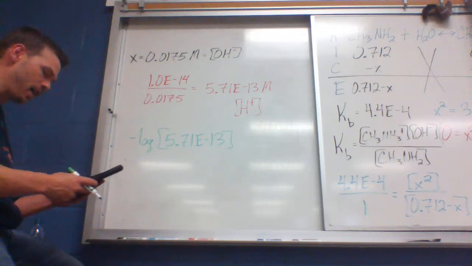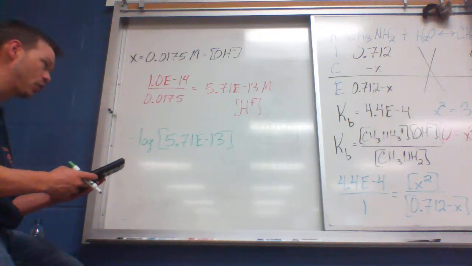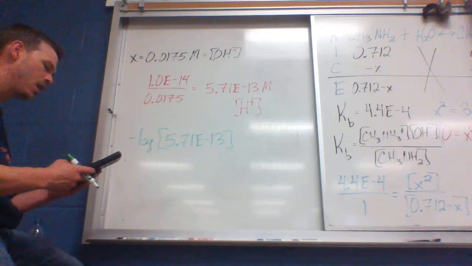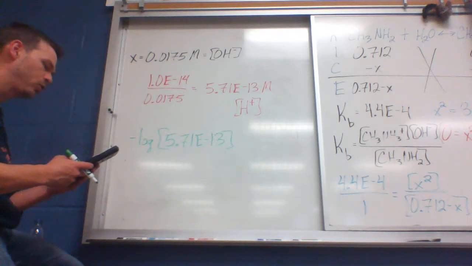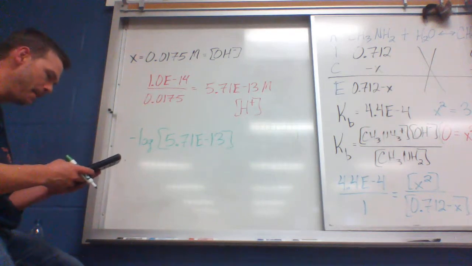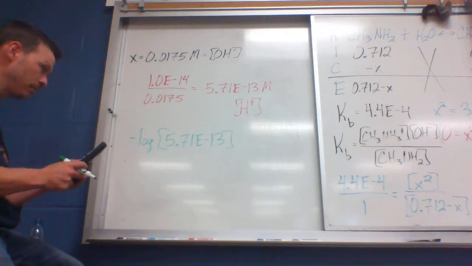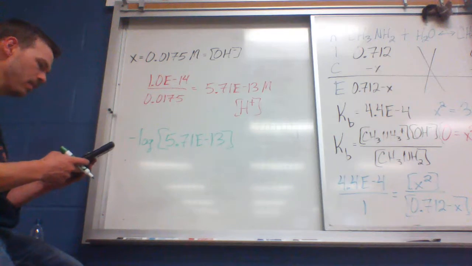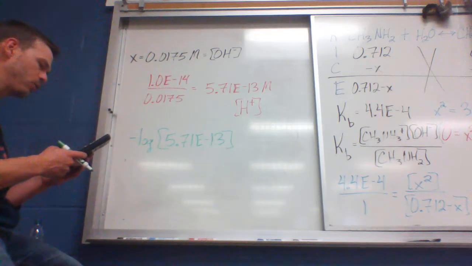So negative log 5.7E negative 13. Hooray, y'all. We have a pH of 13.244. Is that what you got? Oh, no. My bad. I typed in negative 14. Okay, let's go again. How about 12.244?